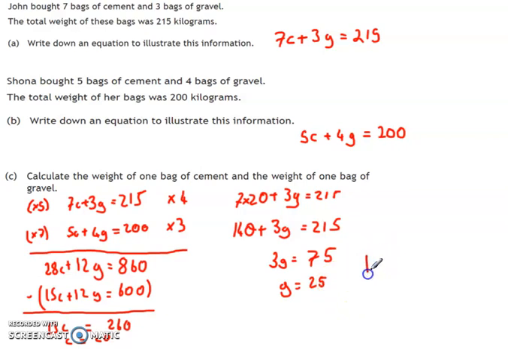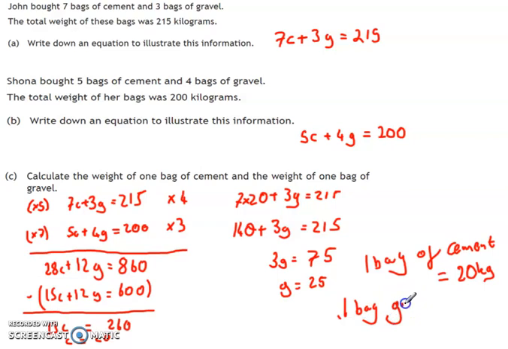So what we then have to say is that 1 bag of cement equals, well, it's 20 here, so it equals 20 kilograms. And then 1 bag of gravel, we know that that equals 25 kilograms. So there you go. Now we've communicated the answer. Now we've told them what we need to tell them and put it back into the context.